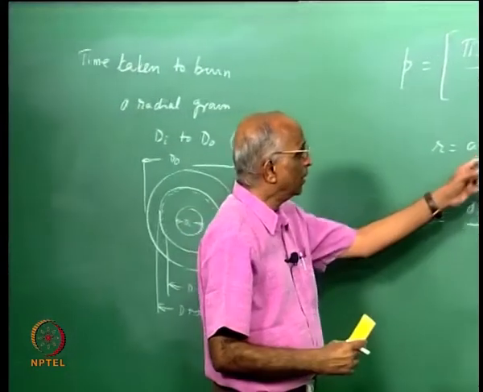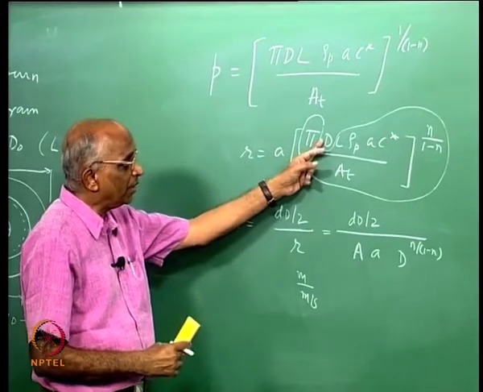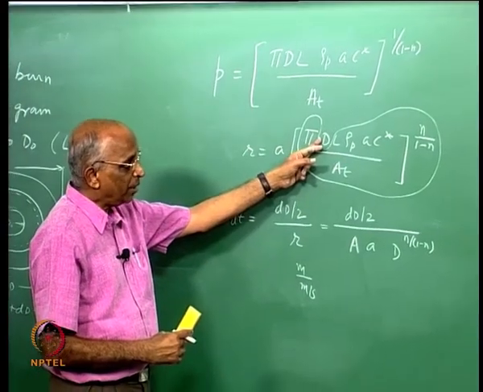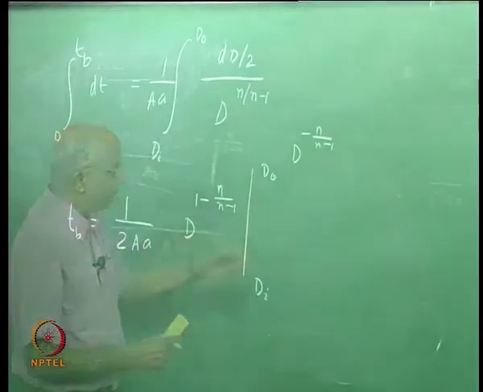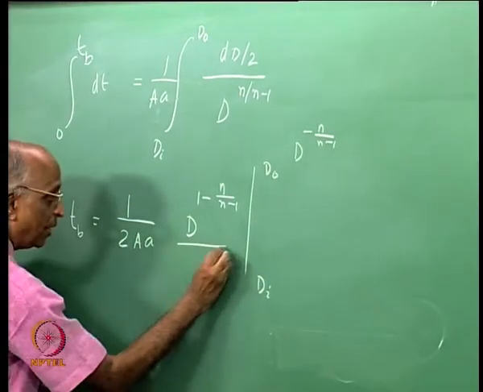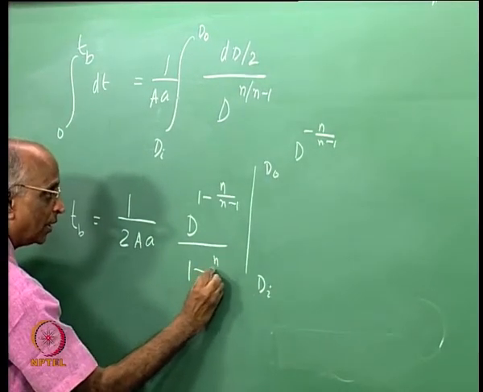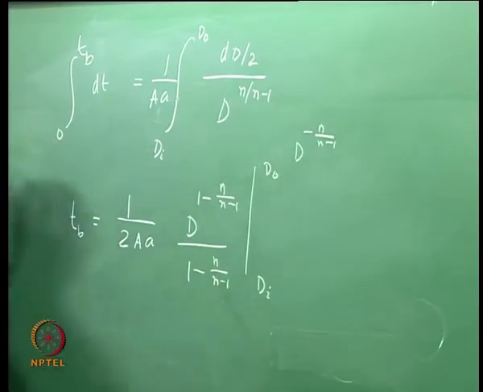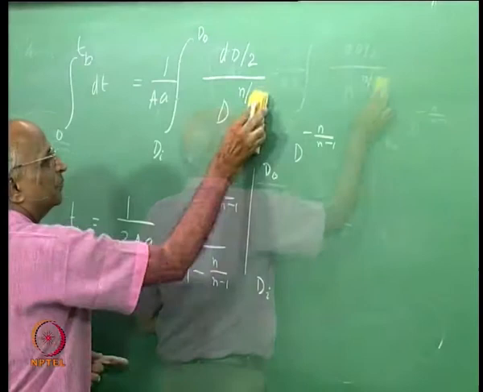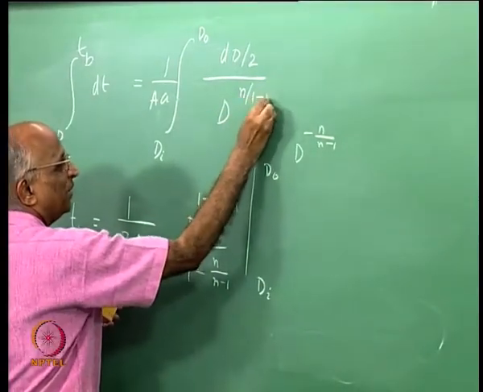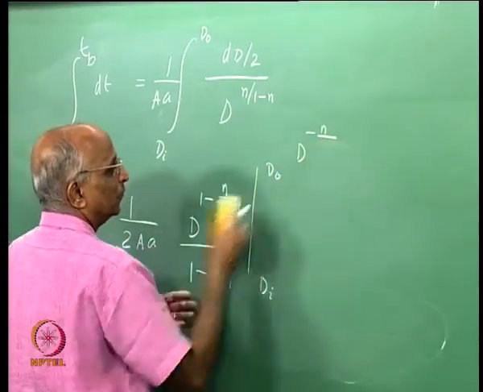Is it all right? I had d over here, I brought it up, d to the minus n by n minus 1, and therefore, integrating, I must also divide by 1 minus n. Was it n minus 1 or 1 minus n? 1 minus n.